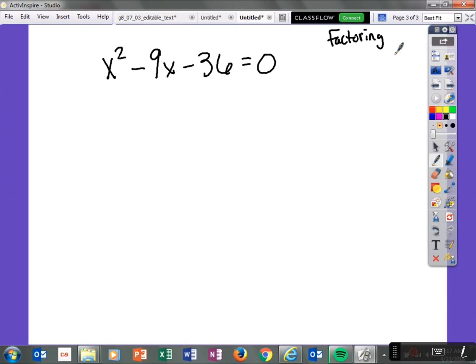When I'm factoring, it's going to factor into what? 2 parentheses. The x squared has to break down into what? X and x. This sign tells me to subtract, and every time I subtract, my signs are going to be different. So one's a plus, one's a minus.